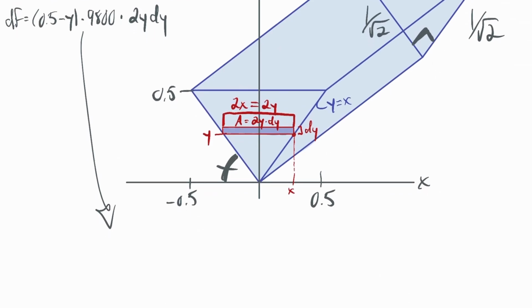So that means the force itself is the integral from 0 to 0.5, because that's from the bottom of the trough all the way to the top, okay? Because we're asked for the force on the entire end of the trough. If the trough were half full, our numbers would be different, because we wouldn't be going to 0.5, it'd be 0.25.